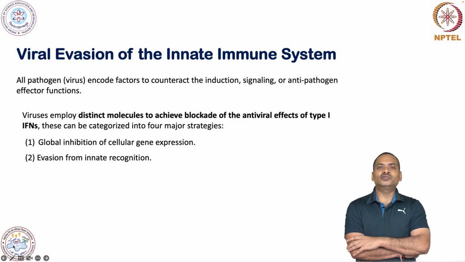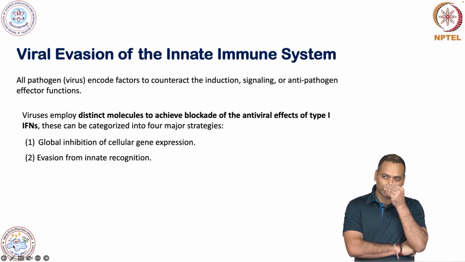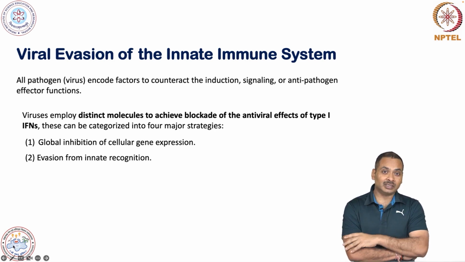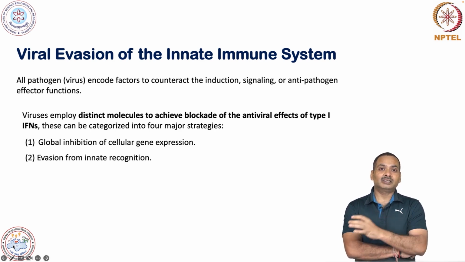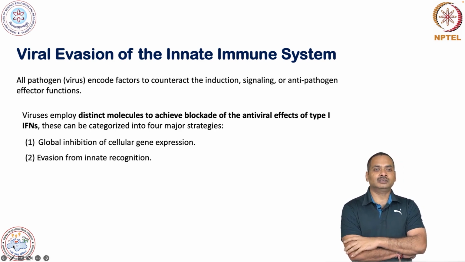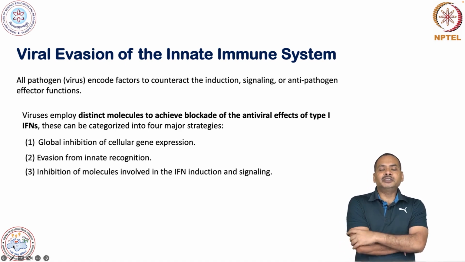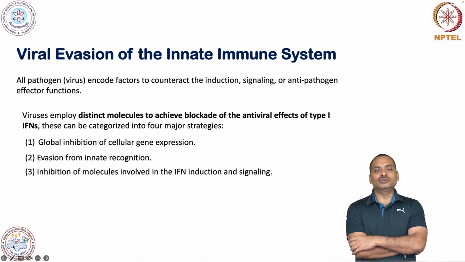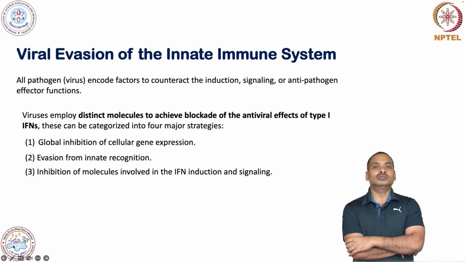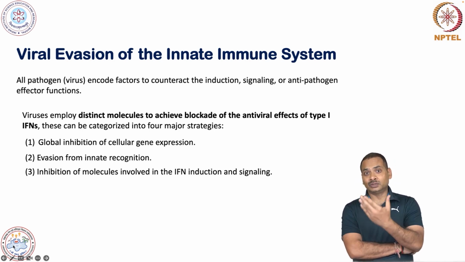They can make a strategy by which they cannot be sensed by pattern recognition receptors. Third is inhibition of a molecule involved in the type 1 interferon induction pathway or signaling pathway.